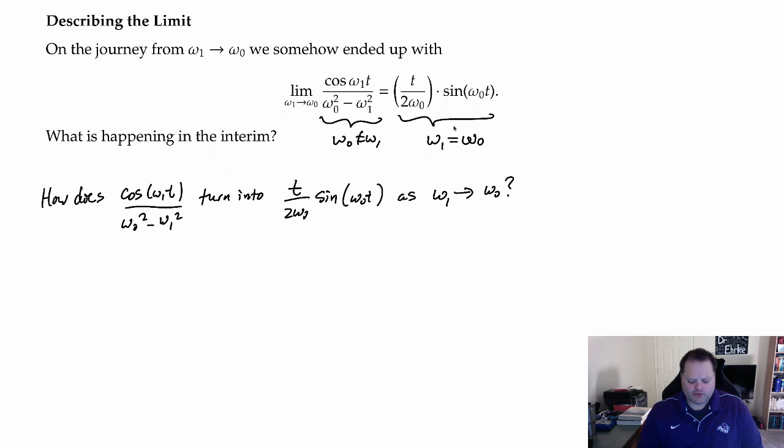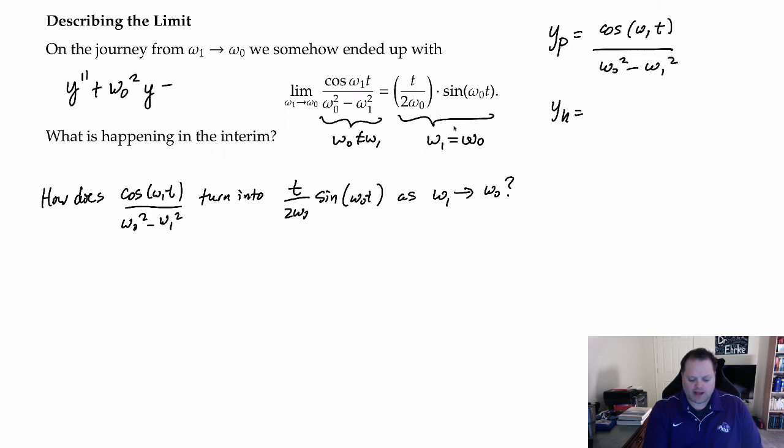So the scenario that we find ourselves in here is our particular solution, our response to the outside force, is given by this function. But if you solve the homogeneous problem, so remember the differential equation here is y double prime plus omega naught squared y equals cosine omega 1 t.